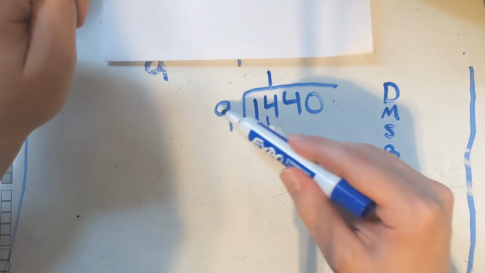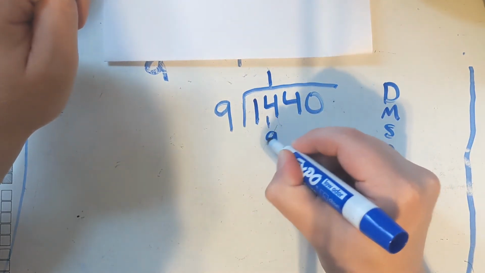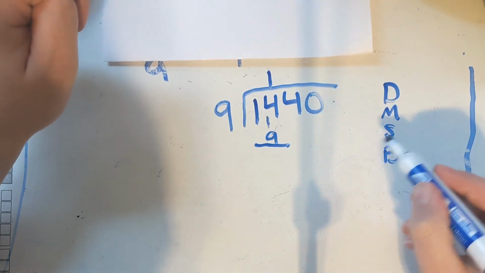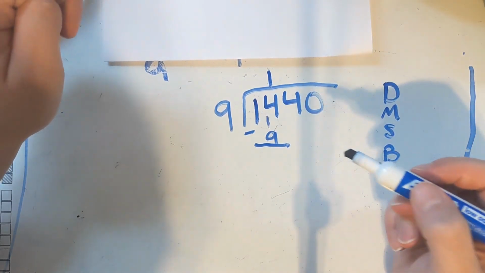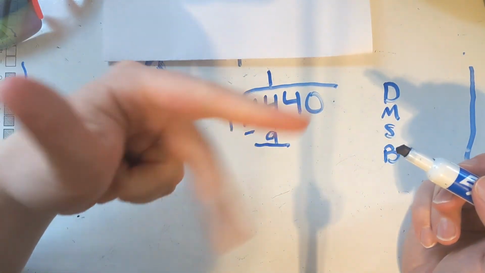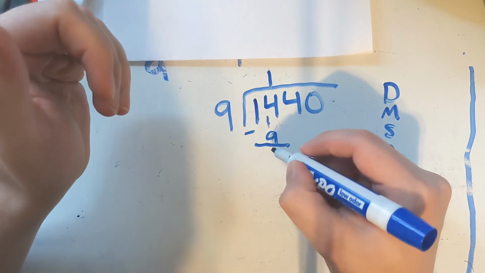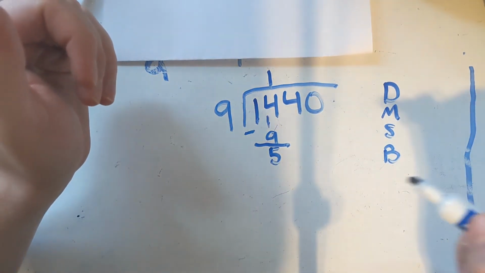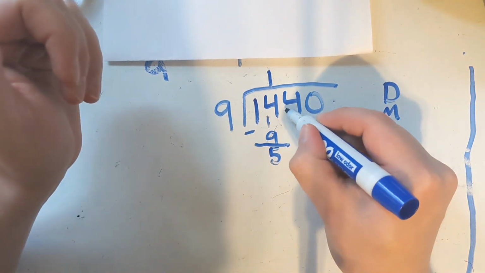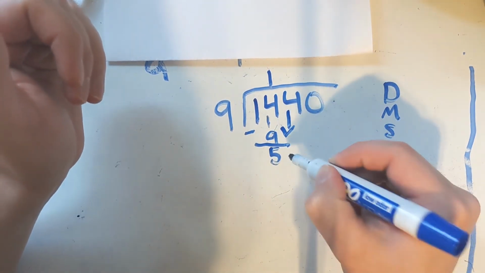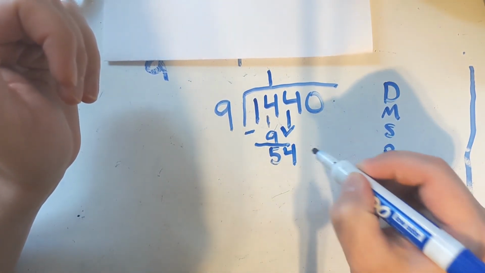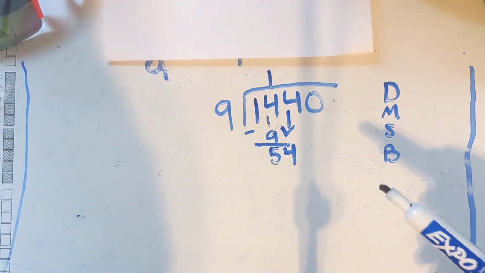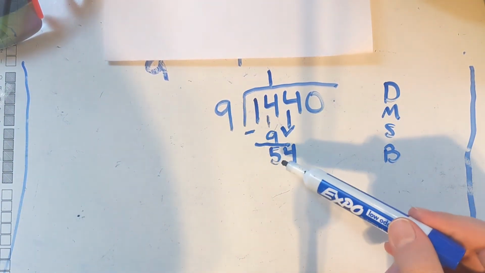Now I'm going to multiply. 9 times 1 is 9. Now I'm going to subtract. 14 minus 9 is 5. All right, now I'm going to bring down. All right, now I'm going to divide again. How many times will 9 go into 54?